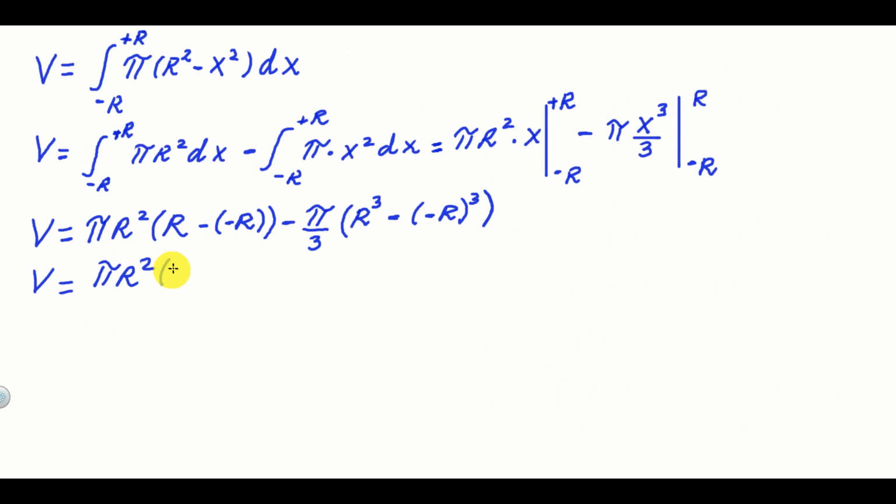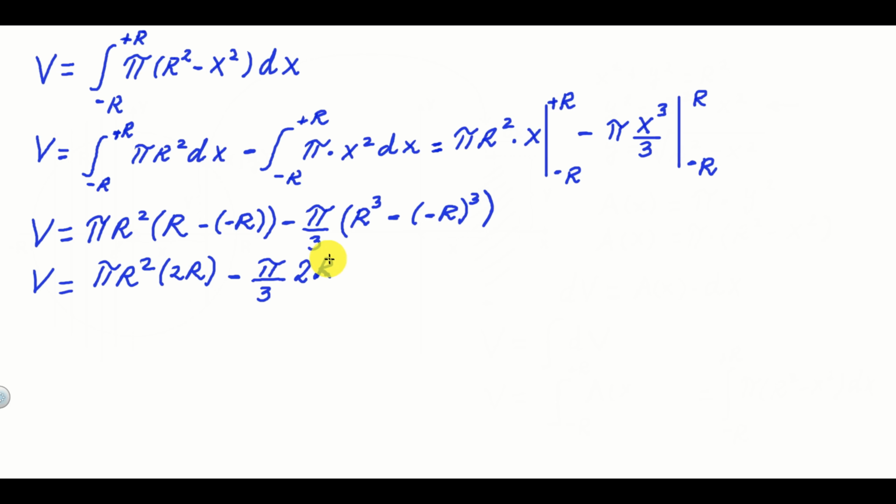multiplying 2r over here. Then we have minus pi over 3. And over here we have r to the power 3, then minus, and we have minus r to the power 3. This is again minus r to the power 3, so we'll have 2 r to the power 3.